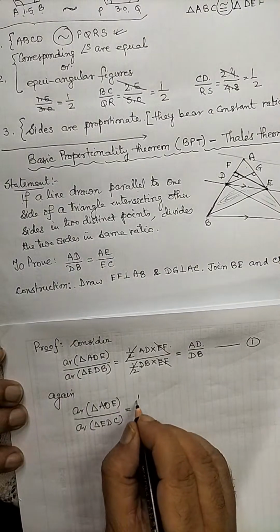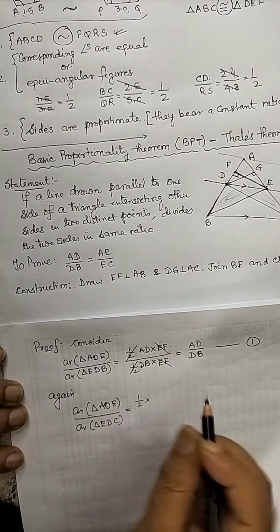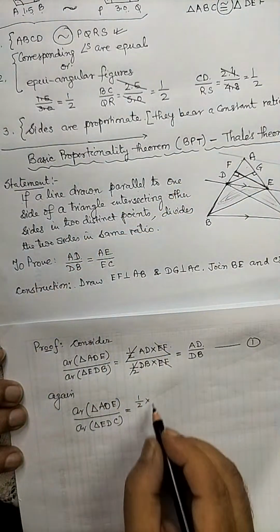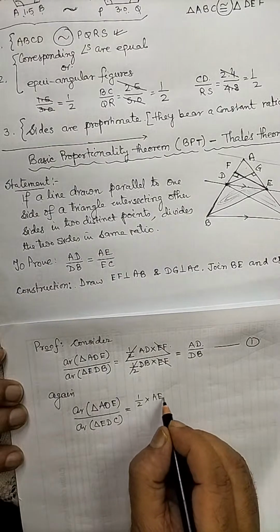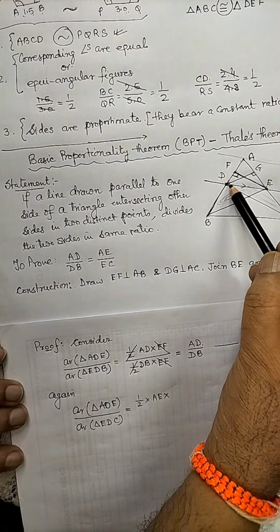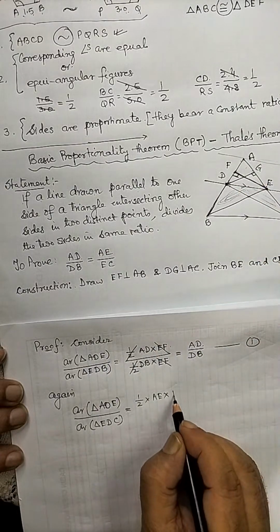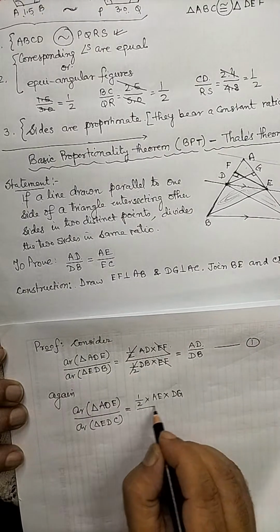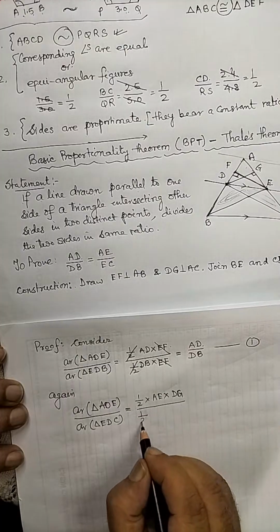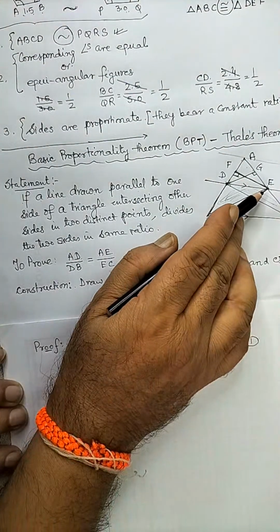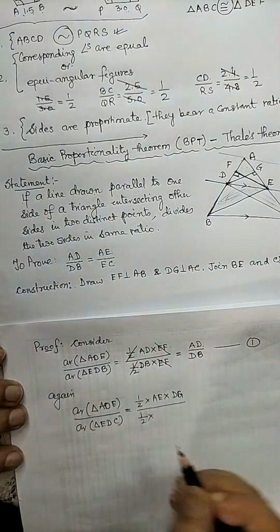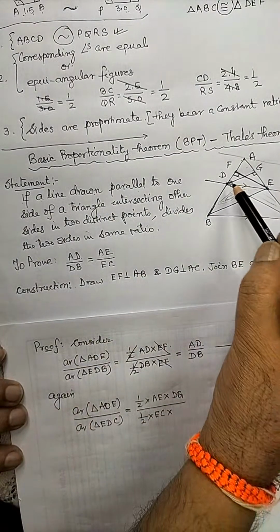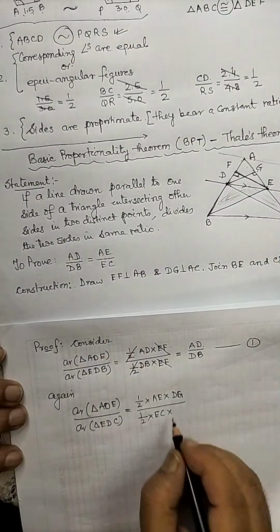This is equal to again half base. Now base I'll take AE from this side. And altitude is DG. Upon half, in this case, base is EC, and altitude is DG.